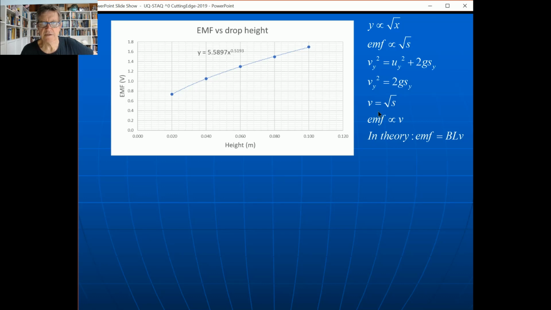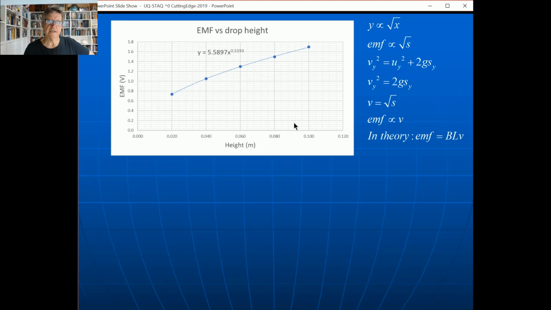The EMF is proportional to the velocity, we know that, because of the formula EMF equals BLV. According to the formula we should get this square root relation, y is proportional to root x.